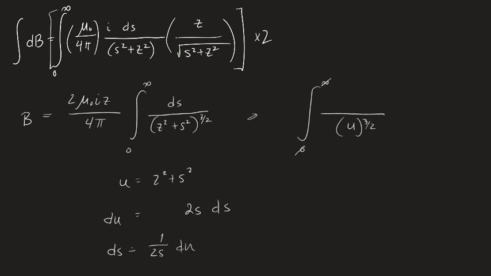We sub that in, 1 over 2s, and that's a failure of u-sub. U-sub only works if, when you do your u substitution, you're left with a function that only has u in it. S is related to u, so we can't do this.